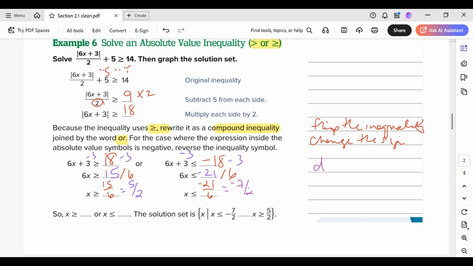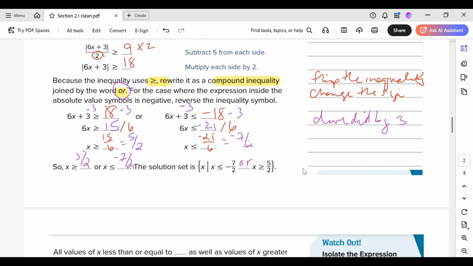So x has to be greater than or equal to 5 halves, or x is less than or equal to negative 7 halves. So when we write our solution set, it's going to be x if and only if x is less than or equal to negative 7 halves, or, because remember we were in an or statement, x is greater than or equal to 5 halves.